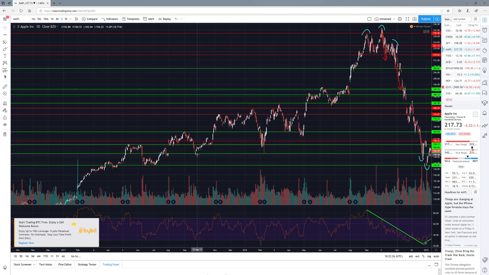So it held this level perfectly, bounced again, caused another leg up, another top, bearish divergence again. It's really not hard to see. And then once again, it had to retest where the leg started, which is what the lows gained, which is this level again.